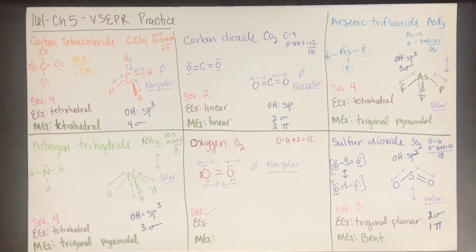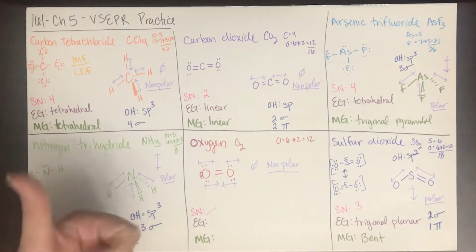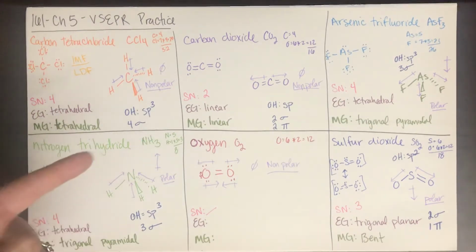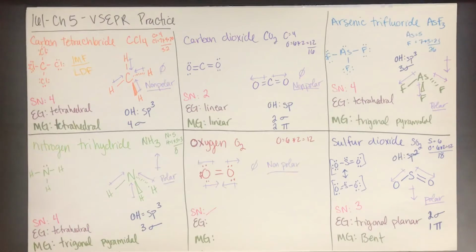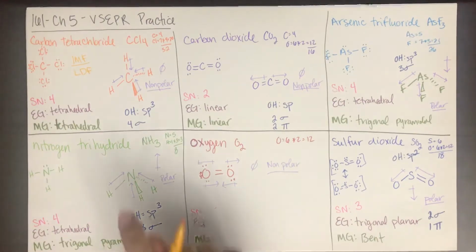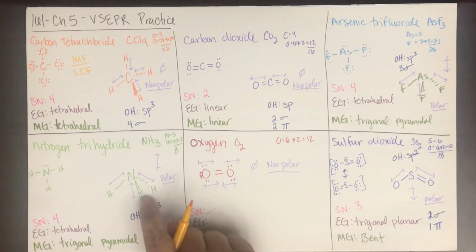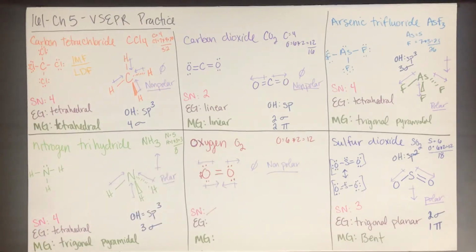So now let's look down here, ammonia, nitrogen trihydride. First you want to ask, is this molecule polar or nonpolar? It's polar. So that means we have London dispersion forces, dipole-dipole interactions, and then we want to see, does it have hydrogen bonding? Remember, to have hydrogen bonding, you need to have a hydrogen that is covalently attached to a nitrogen.